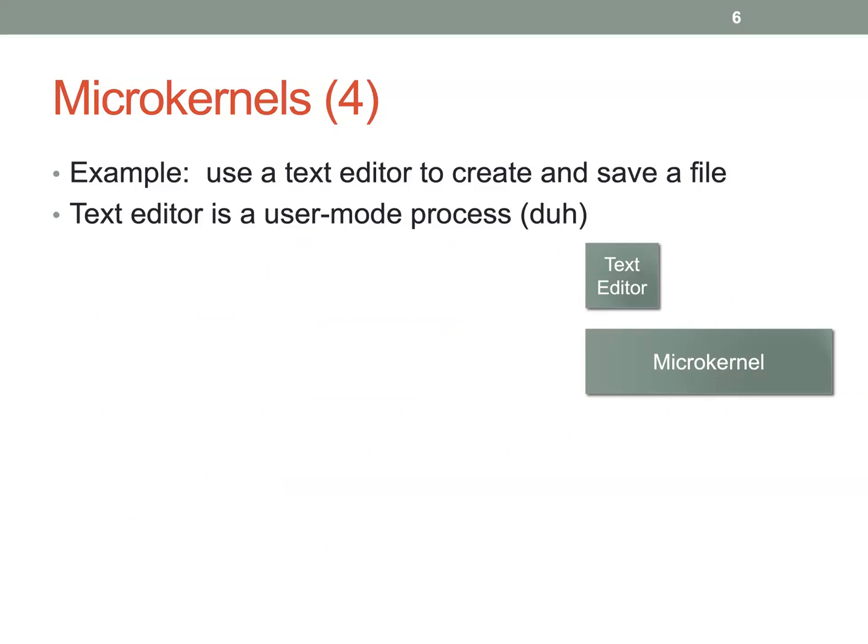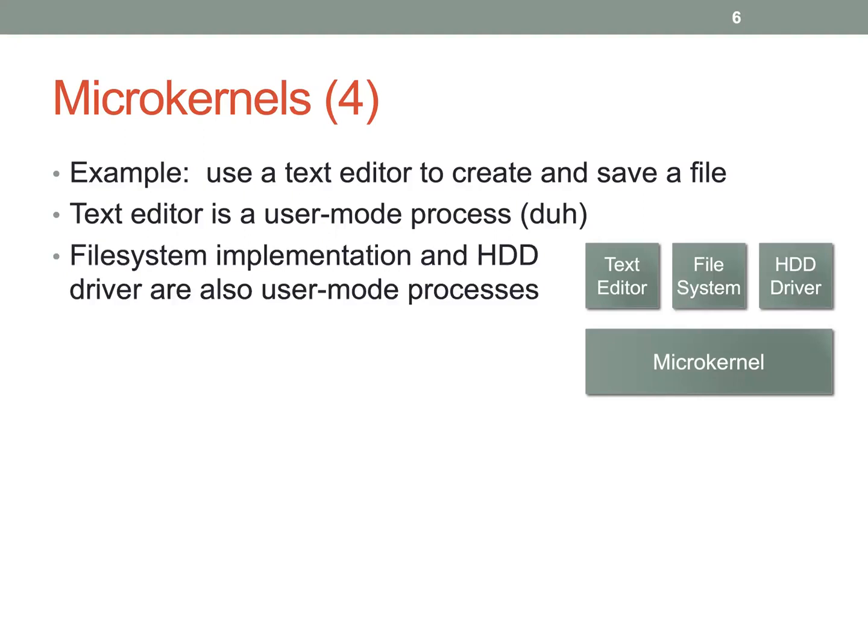So the text editor, of course, is a user mode process. Take your Vim, Emacs, Atom, whatever you happen to like, and you want to load a file, or you want to save a file. So the file system itself is also going to be a user mode process. So you can see it's above that line I haven't drawn. That's the separation between user mode and kernel mode.